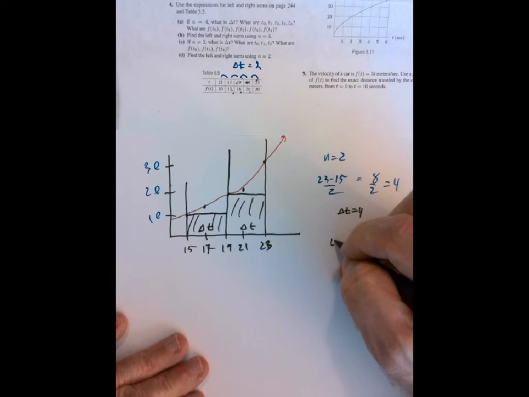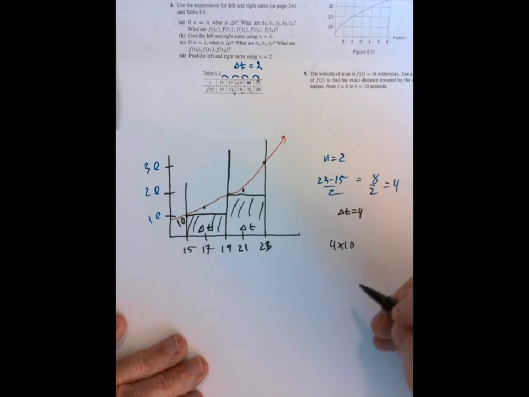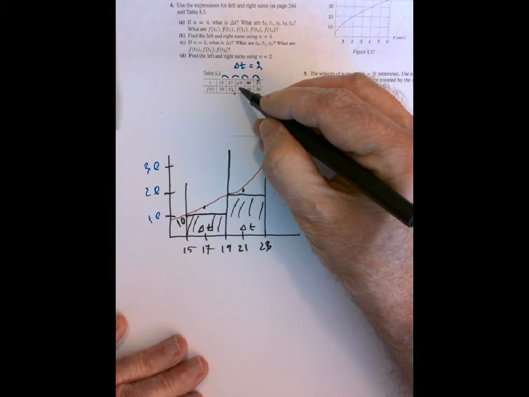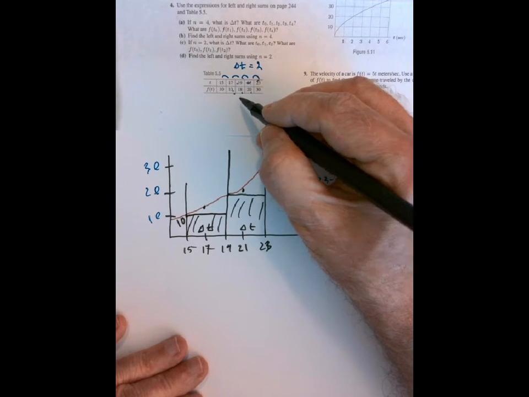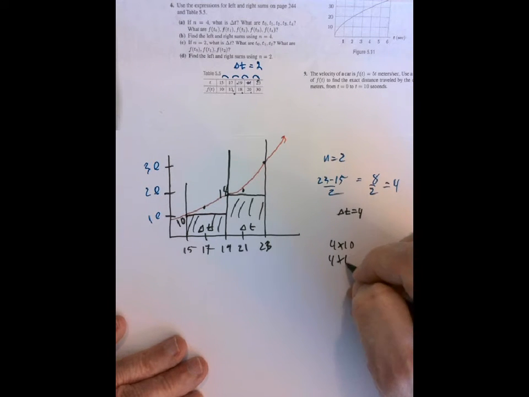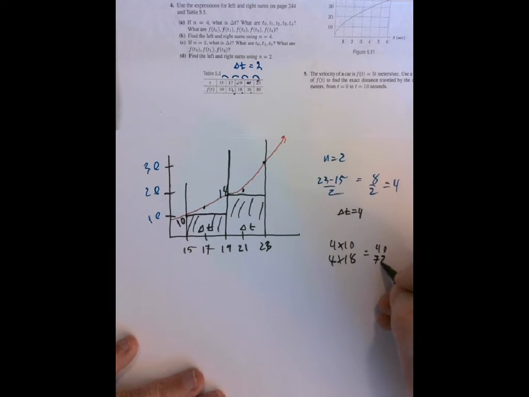So that would be 4 times 10, because this is 10 high, you understand. And then this one is at the 19 data point, so 18 is how high that one is. So 4 times 10 is 40, and 4 times 18 is 72, and that's 112.